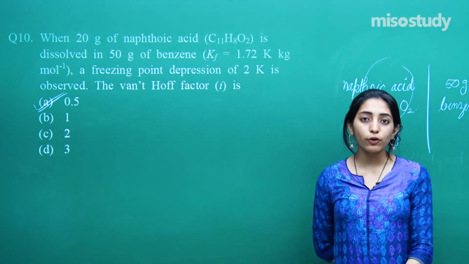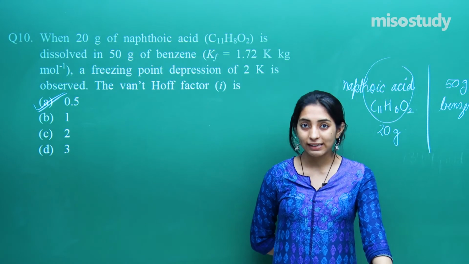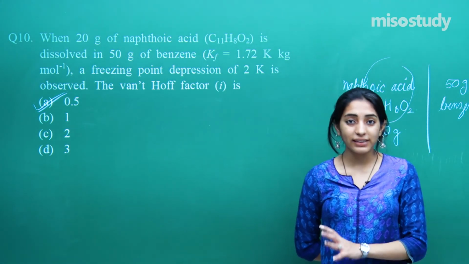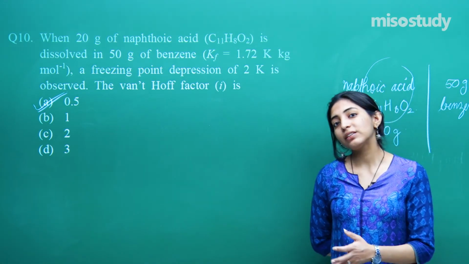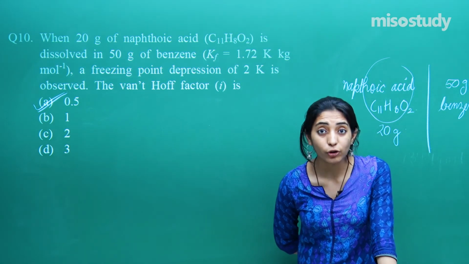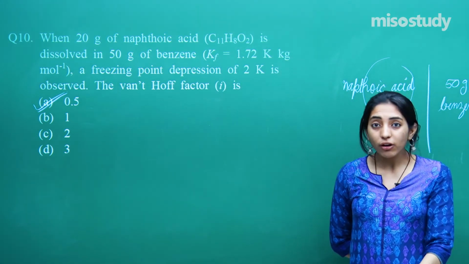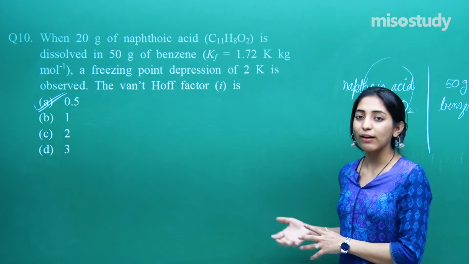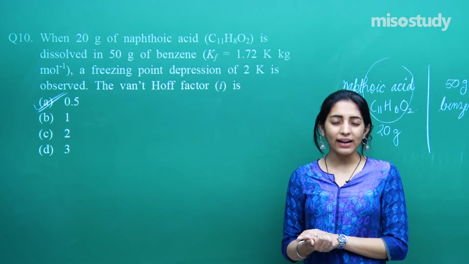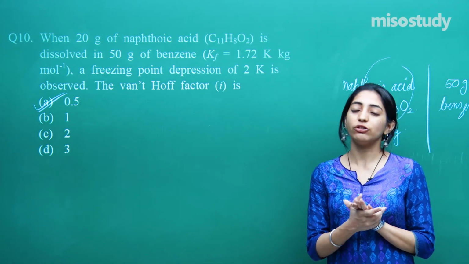So all these 4 or 5 colligative properties we had discussed in this session. From this session, I think it must be very clear to you that these colligative property questions are not very tough. You just have to shuffle the values and all, but yes, they are asked in JEE Mains.